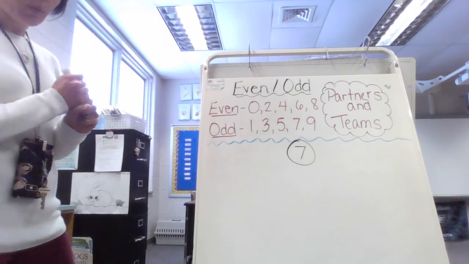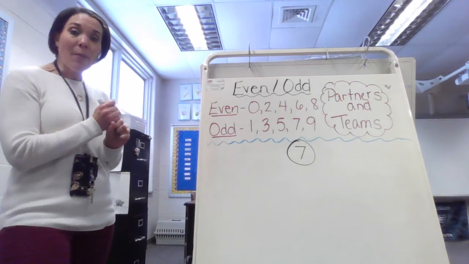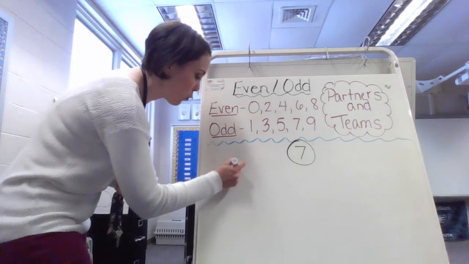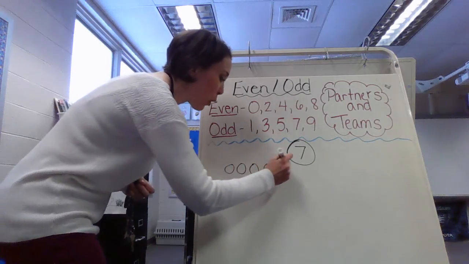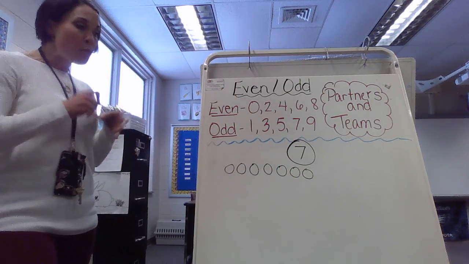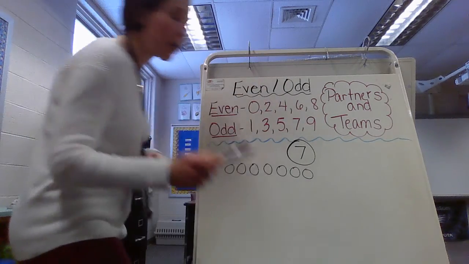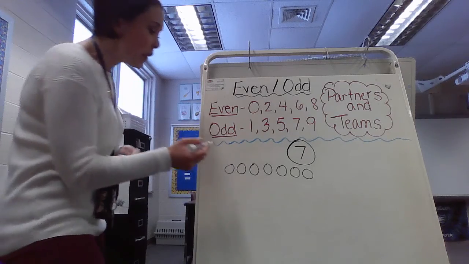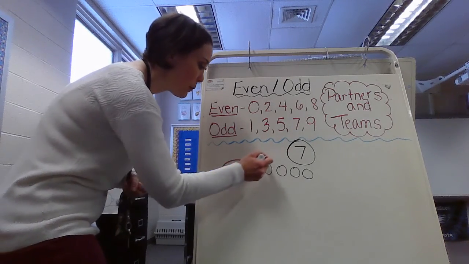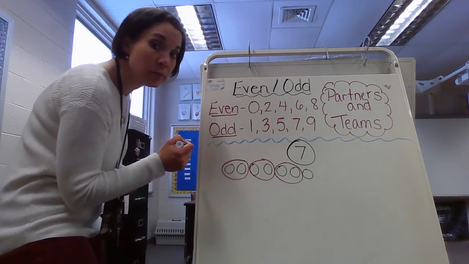I'm going to start with the partner situation. I'm going to draw 7 circles: 1, 2, 3, 4, 5, 6, 7. To make them into partners, you put them in groups of 2. I'm going to grab another color and circle them in groups of 2. 1, 2, 3.